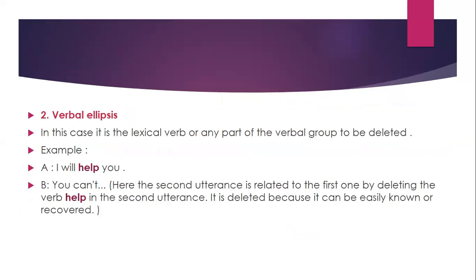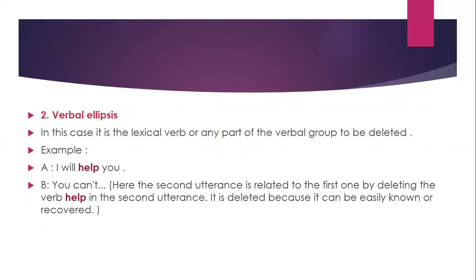And the second type of ellipsis is verbal ellipsis. In this case, it is the lexical verb or any part of the verbal group that is deleted. For example, A: I will help you. B: You cannot. Here, the second utterance is related to the first one by deleting the verb help in the second utterance.